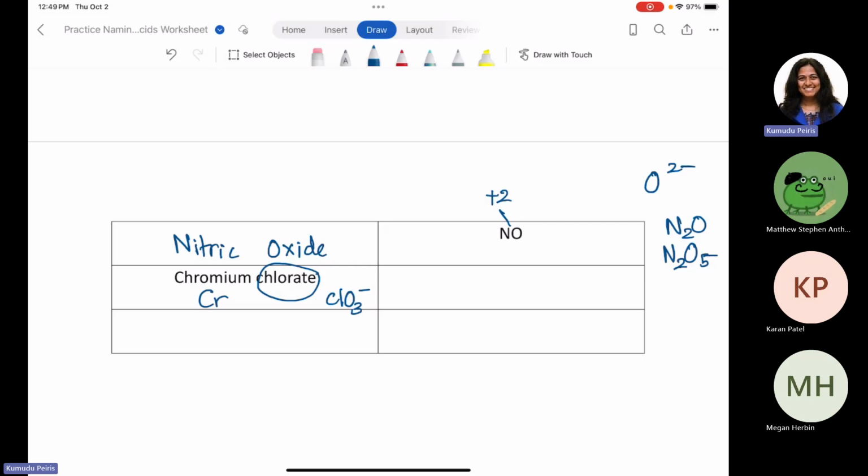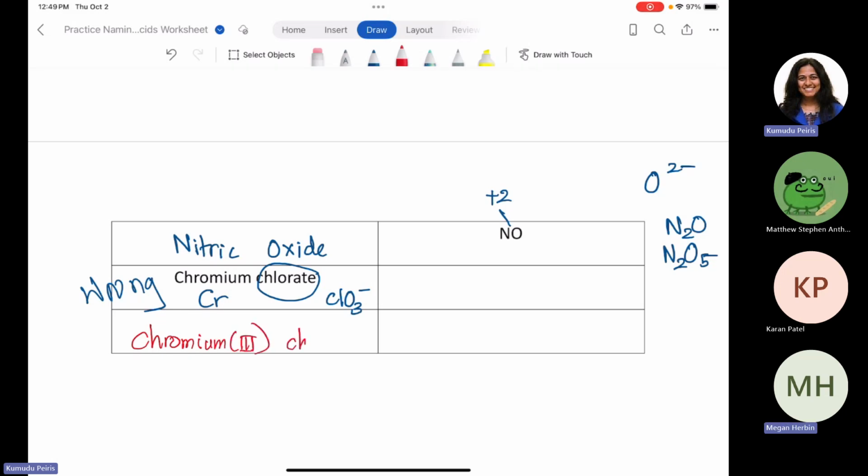Why? It didn't tell us the exact oxidation number. So this name is wrong itself. So let me tell you the correct name. The correct name is chromium(III) chlorate. That's my bad.